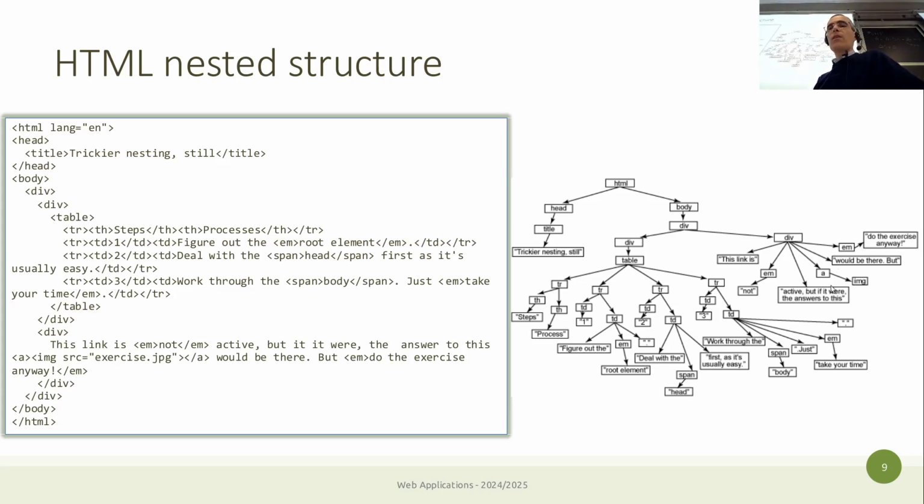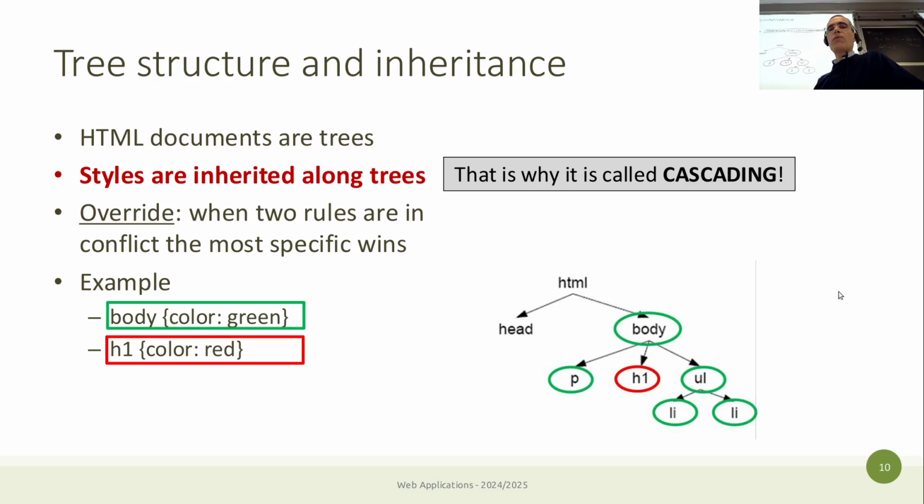No way of writing the rules that we saw before. Well, let's say that we are able to apply a rule at a certain point in this tree, like to the body, okay? And the body is green, as default color.